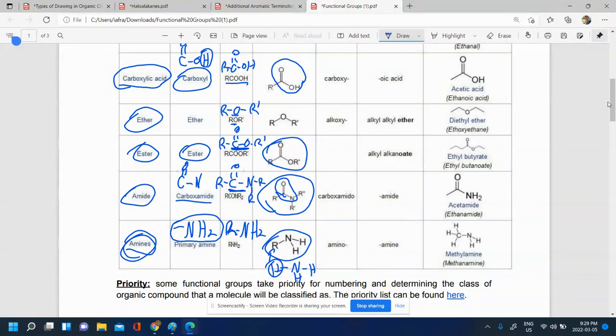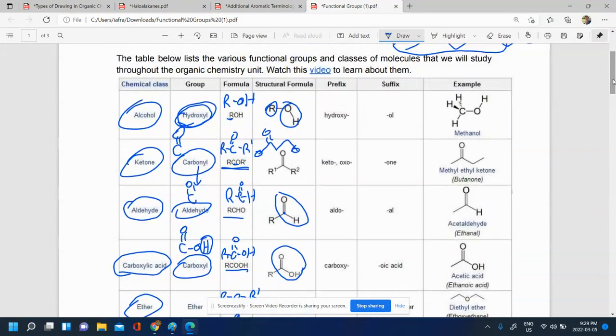And so in this table, you can see examples of molecules that have those functional groups. So here we can see an OH, the hydroxyl functional group, which makes an alcohol, which we'll learn a name later on. It's called methanol. Here we can see the carbonyl group in between the chain, not at the ends. So this makes this a ketone molecule, and it's called butanone.